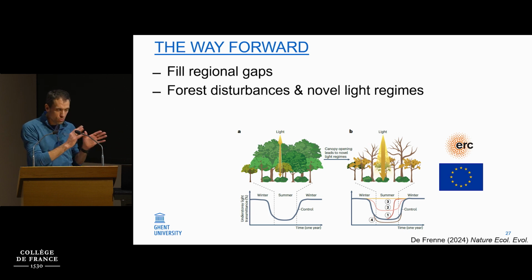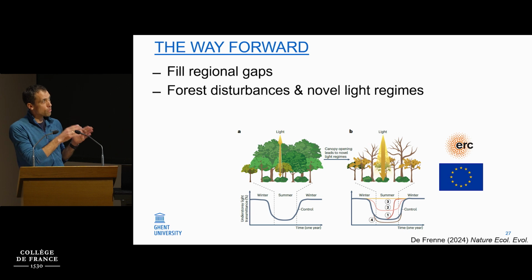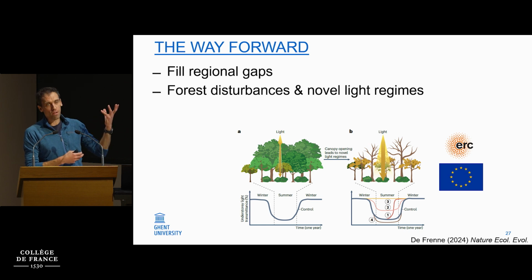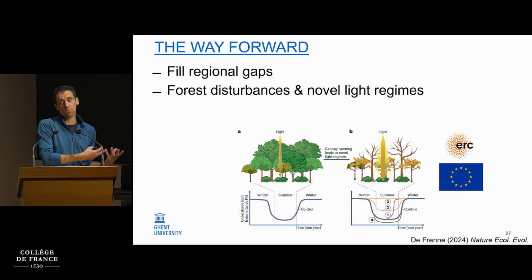And so then there are two major projects in which we will use the forestREplot database in future research. First, an ERC consolidator grant that is starting now will focus on how novel light regimes are impacting the understory, because as a result of drought, many trees are now losing their leaves in the summer already, creating a lot of light at moments when previously it was a quite dark forest.